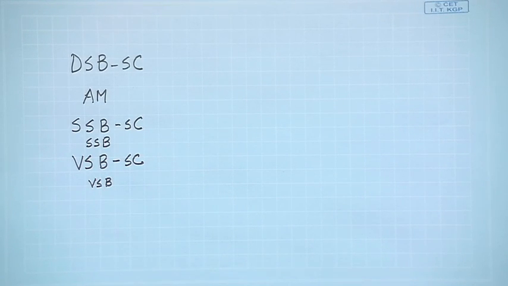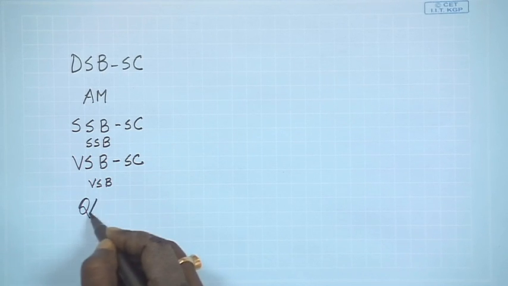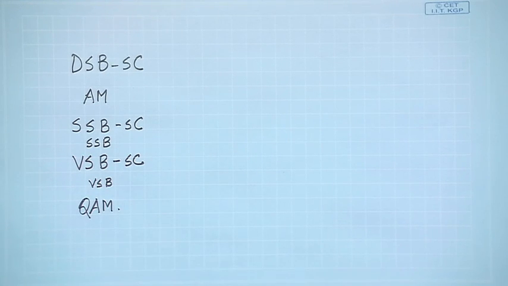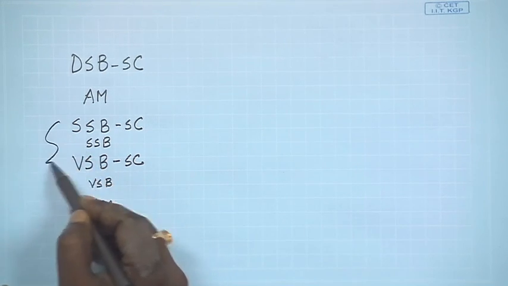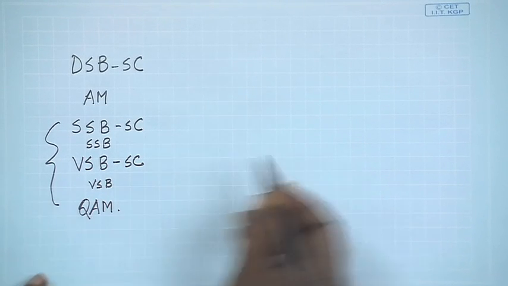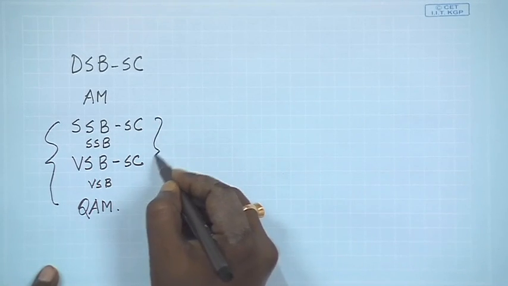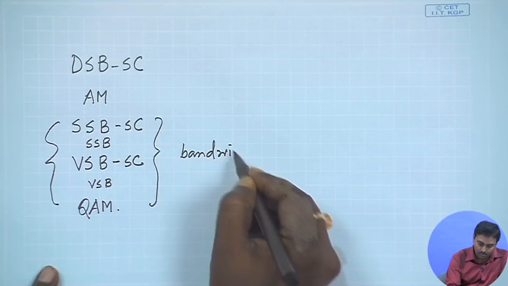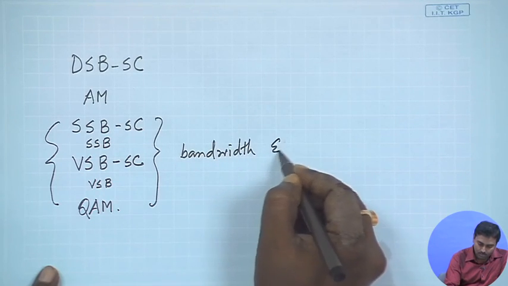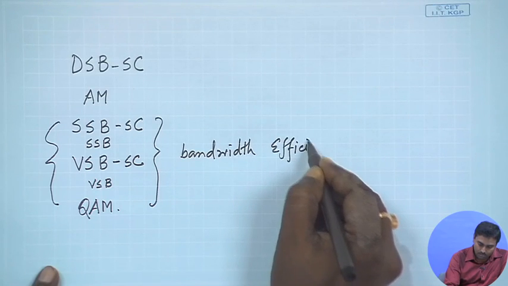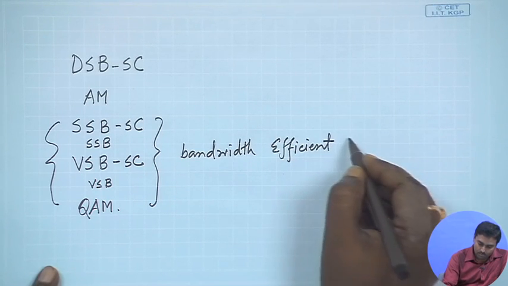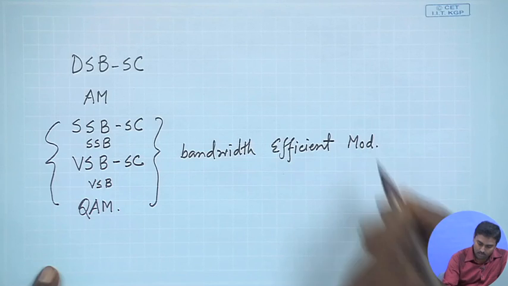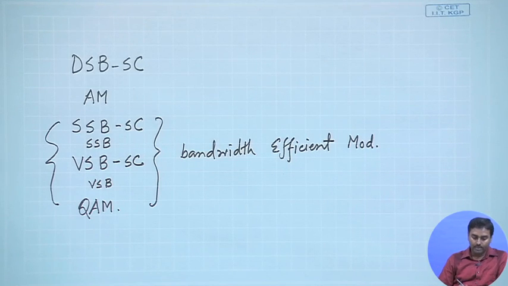And then finally, we have talked about quadrature amplitude modulation. So, these three come under bandwidth efficient modulation, and the corresponding version where we add carrier.